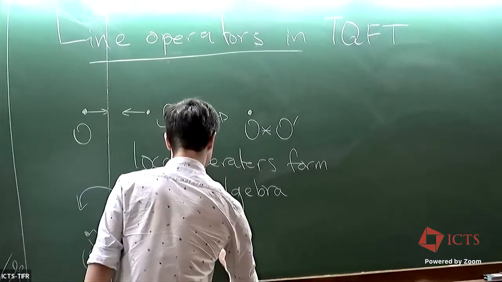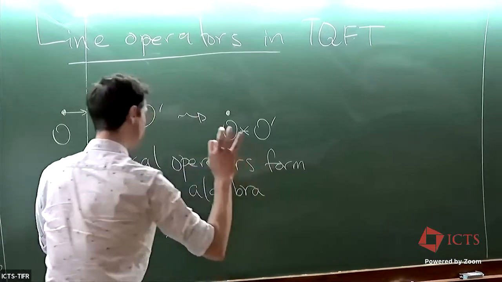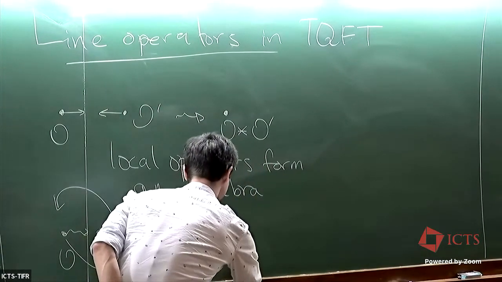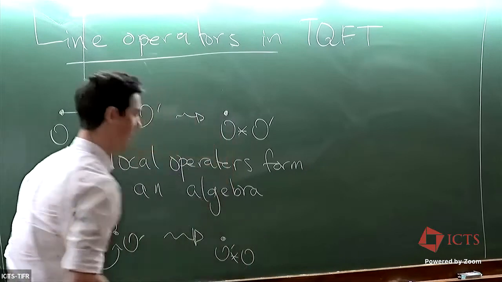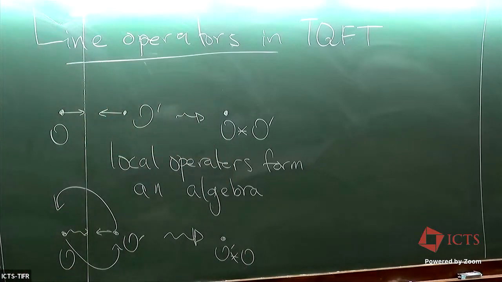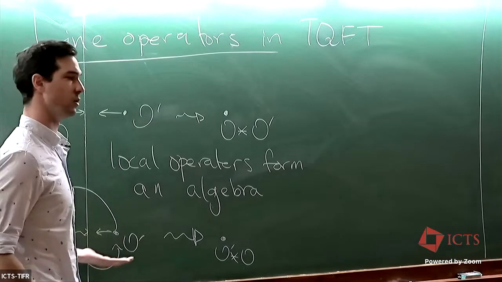And this will give the other ordering of this product. And in particular, we expect to get some commutative algebra out. Of course, we can't do this in one dimension. And in one dimension, you actually would find an associative algebra. But in greater than one dimension, you'll get some sort of commutative or graded commutative algebra.